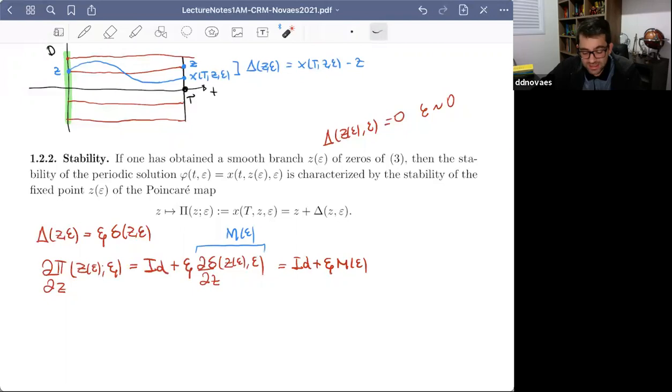So the derivative of the Poincare map is given as a perturbation of the identity. The eigenvalues of this matrix can be studied by means of the eigenvalues of the derivative of the displacement function.